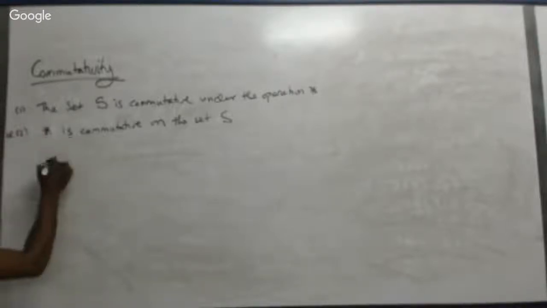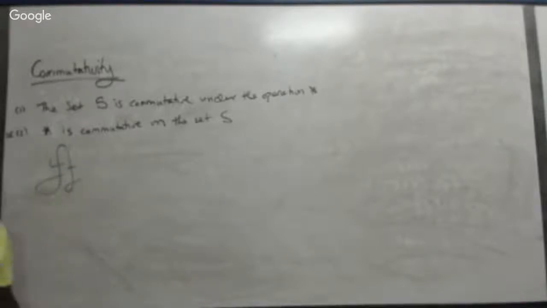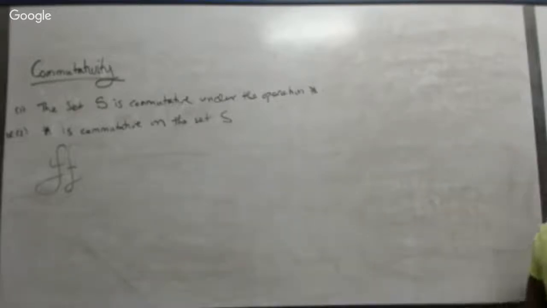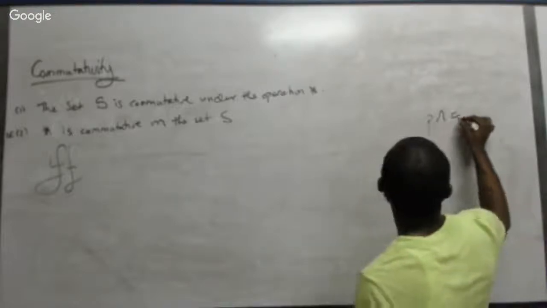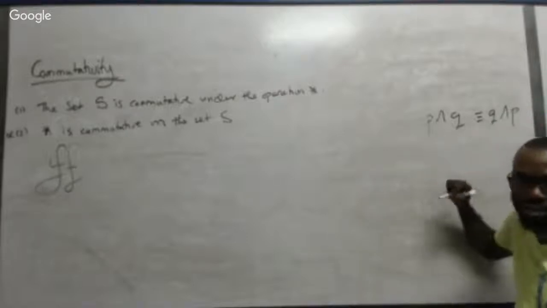So, what's the condition for commutativity? When was something commutative in reasoning and logic? What was the law that was commutative? Give me an example. When you change things around, like P and Q is Q and P. So flip things around, right?